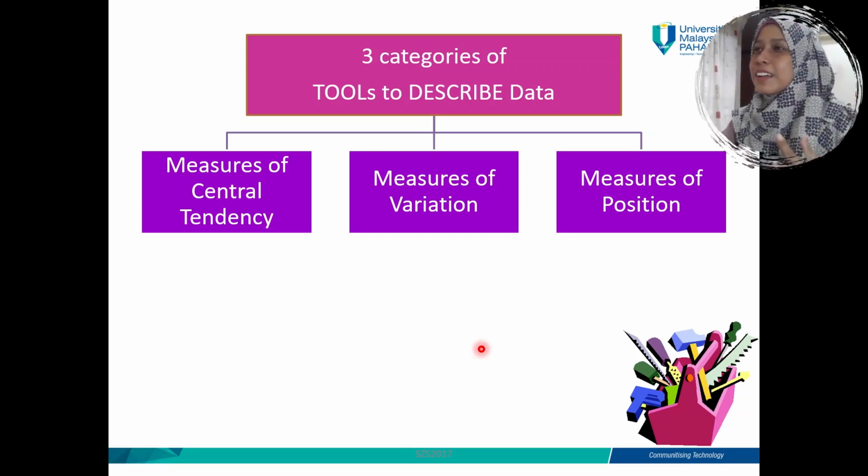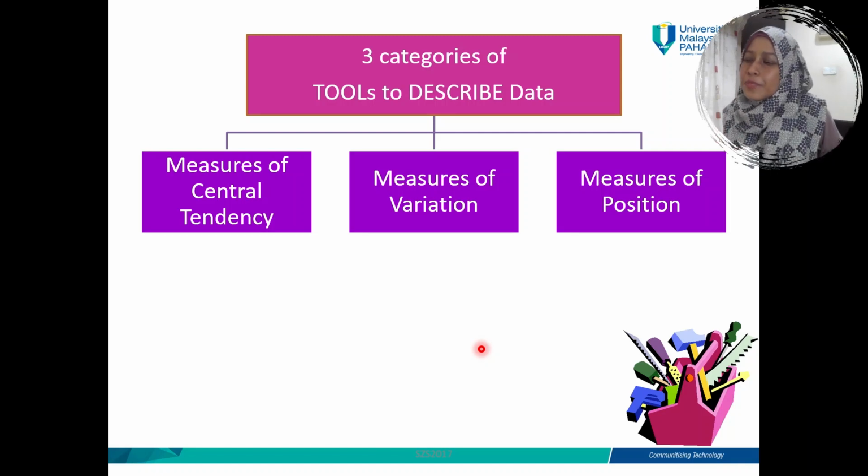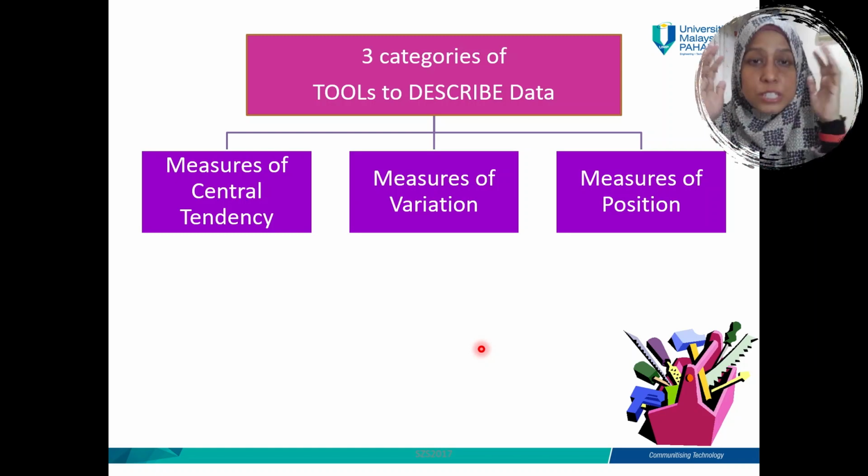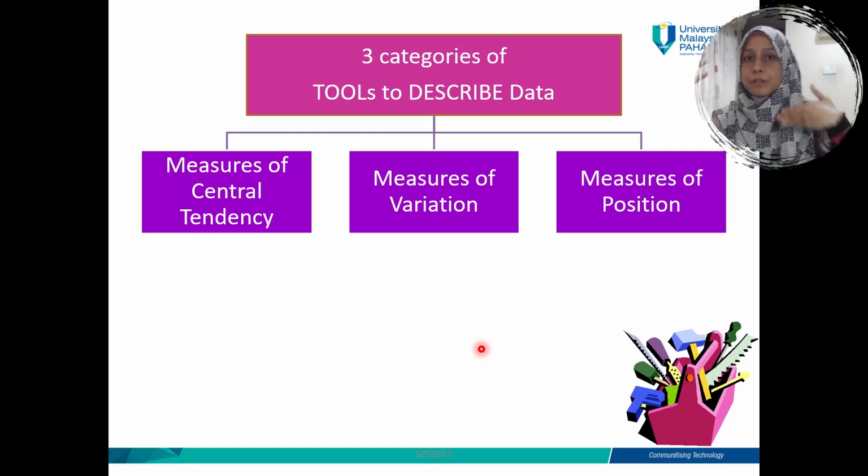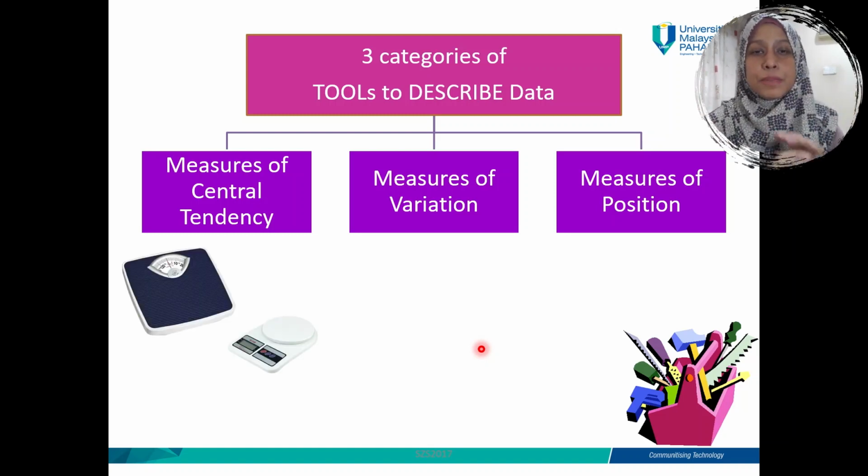Okay, now let's try to understand this from a different point of view. Let's think of any tools that come to your mind right now. What is it? Perhaps maybe a weighing scale. Okay, look at my screen now. So these are 2 different types of weighing scales. This is for bigger objects, this is for smaller objects, but basically both of them are used to weigh objects.